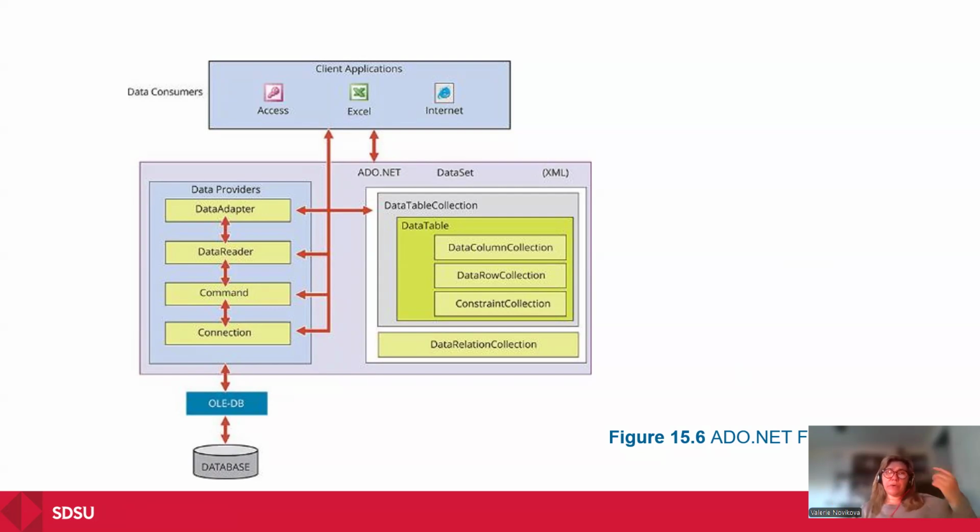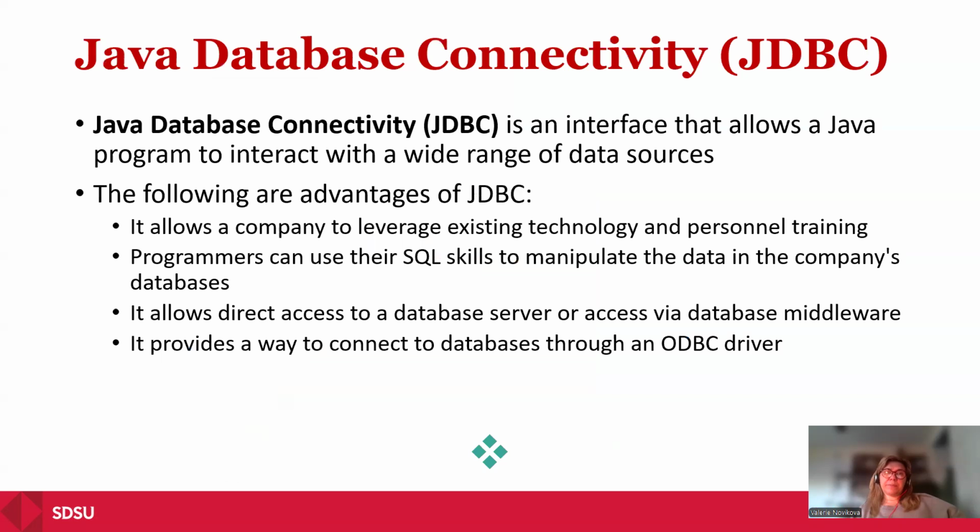There are also data tables, which are a code representation of data objects for the applications to communicate with. And on the bottom, you can see that we connect to the database using an OLEDB driver.